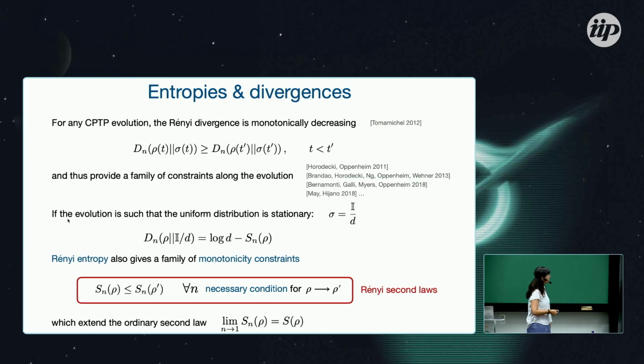So this type of constraints are well studied in information theory and also in condensed matter systems. Our proposal here is to try to extend these constraints to black hole physics and try to see what they imply.